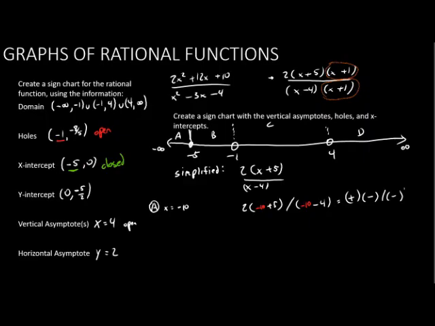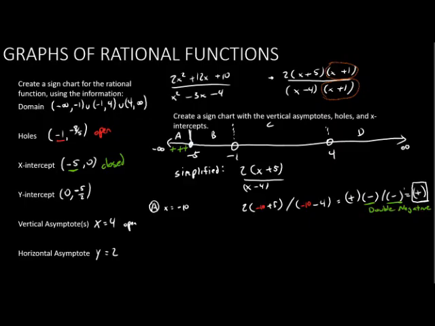So now we have a positive times a negative over a negative, which is a double negative. And a double negative returns a positive answer. This tells us everything in region A will be positive. Again, that is because of the 2 negatives. Anytime you have a double negative, you get a positive.